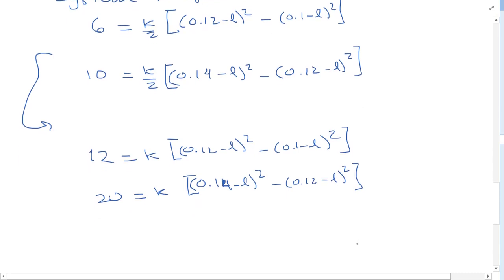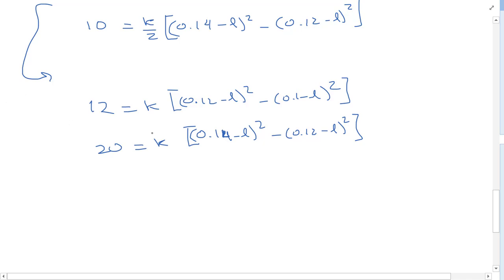And so now I have a system of two equations and two unknowns. So we can either solve by substitution, or you can solve by elimination and solve for k. And really we're after L. L is the natural length of the spring. So from here I would want to solve, either by substitution or the elimination method for a system of equations, to find the value of L.